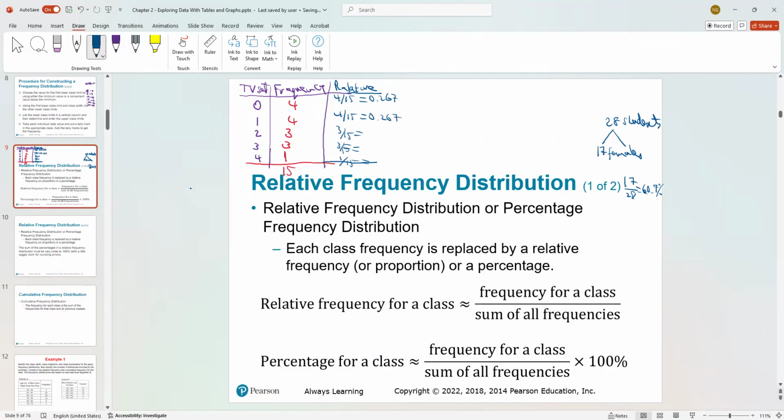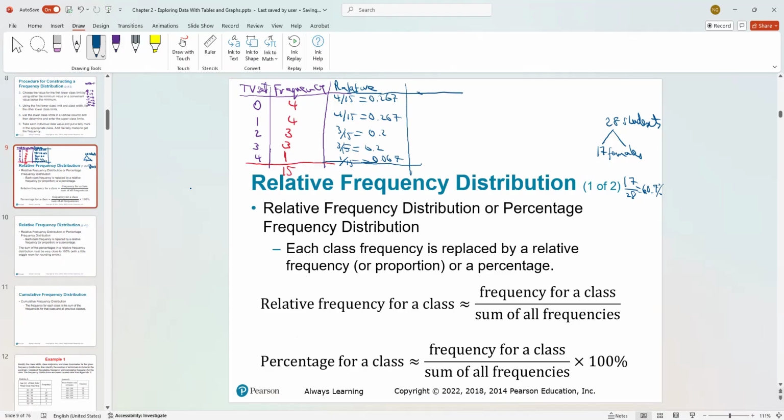If you do 3 divided by 15, it gives you 0.2. If you do 1 divided by 15, it would be 0.067. So this is what we call the relative frequency distribution.